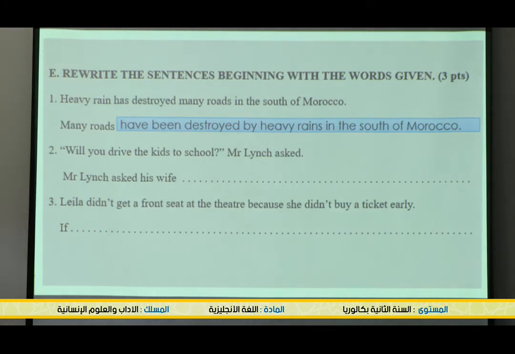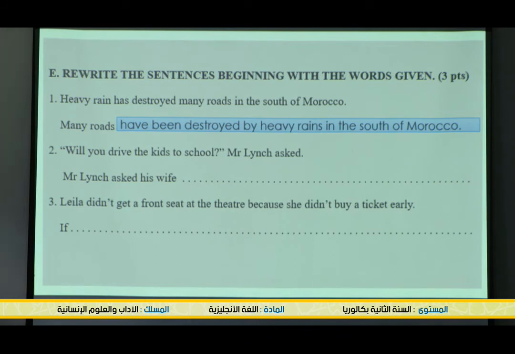You have to report this sentence, and you have to report it and of course make the necessary changes. Another question here, as you can see here, will you drive the kids to school? This is what? It's a question. Very good.